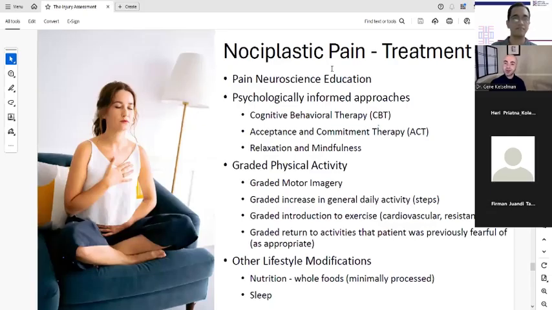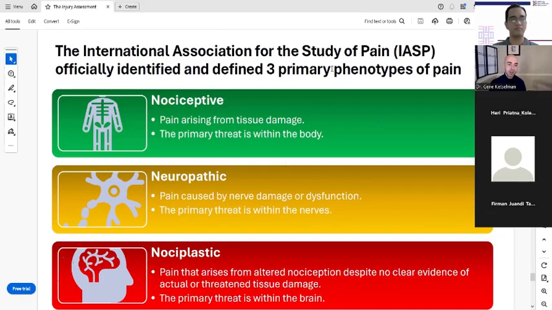It is the largest official body in the whole world, not just one country. If you look it up, you will see them speak about this, and a lot of modern research in the last 2-3 years references these three pain phenotypes.